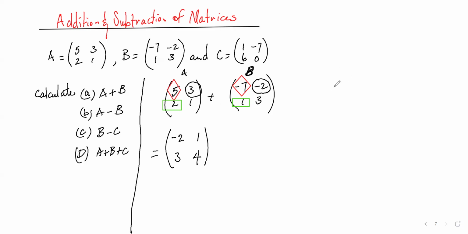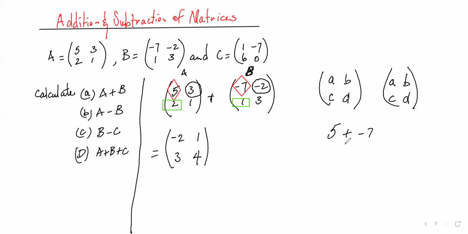Remember the matrix is a rectangular array of elements. So you have a, b, c, d. Now in the other matrix, a will correspond to a, b to b, c to c, and d to d. That is what we're doing. So it's 5 plus -7, which is the same as 5 minus 7.